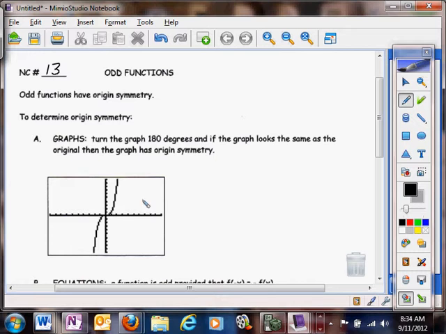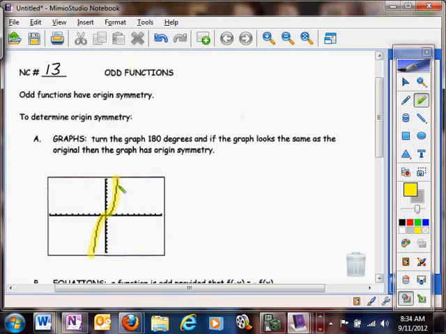So if I'm looking at this graph below, which by the way looks like the parent function to y equals x cubed, and I imagine it being turned, which is kind of hard to turn the computer upside down, but if I imagine turning this thing upside down, this graph looks the exact same.